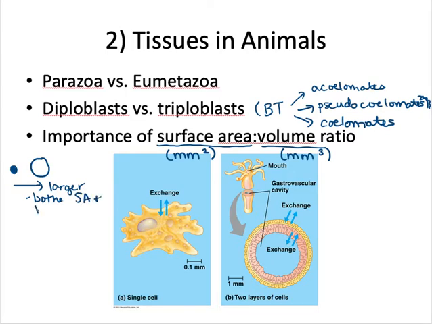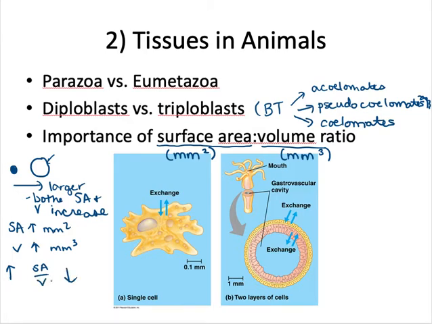So when we get larger, both surface area and volume increase, but it's not just the surface area that matters, it's the surface area to volume ratio, because diffusion has to occur through the interface and then all throughout the volume as well. So surface area will increase in square units, but volume will increase in cubic units. So in general, when we get larger, the surface area to volume ratio goes down.